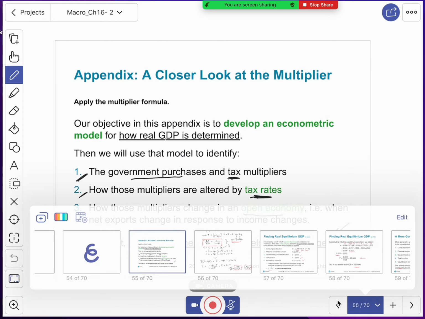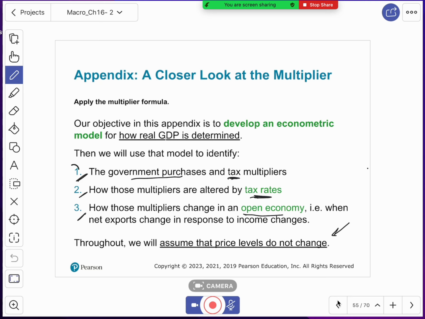So remember that we have basically three types: the very simple one with tax amount, the second one with tax rate, and the third one with tax rate and including net exports, or the open economy multiplier. All right, and this brings us to the end of the types of multipliers.